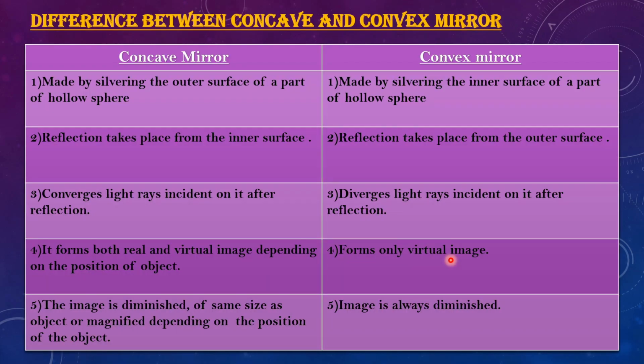So what is the difference between concave and convex mirrors? A concave mirror is made by silvering the outer surface of a part of a hollow sphere, whereas a convex mirror is made by silvering the inner surface of a part of a hollow sphere.